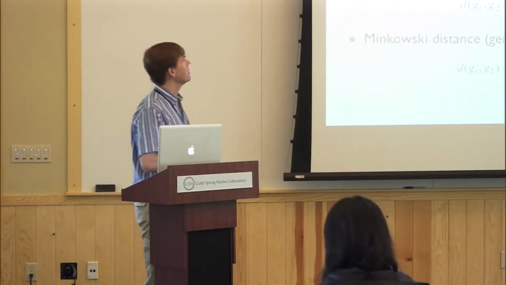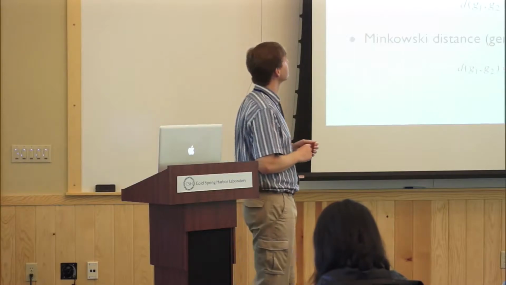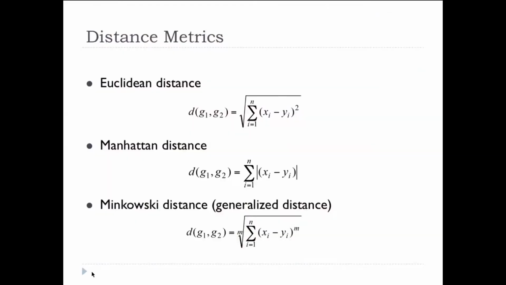Then there are some other potential methods. Euclidean distance, I'm not going to spend much time talking about it. Manhattan distance: if you have 2 points in space, Euclidean distance is this distance. Manhattan distance is up-and-over distance. The Minkowski distance is a generalization of these two.